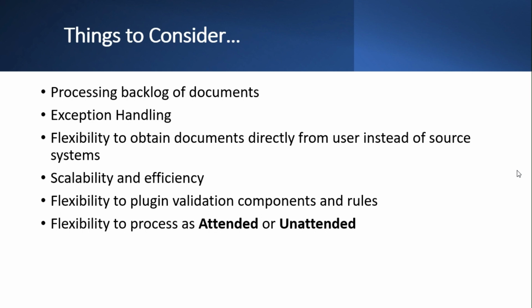Because in a day you might process thousands of documents. When that happens, and you have a list of documents that failed, you need to have a mechanism to identify those documents and retry them. So that's a part of the overall architecture.